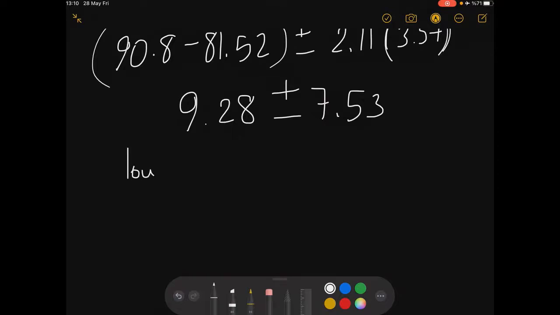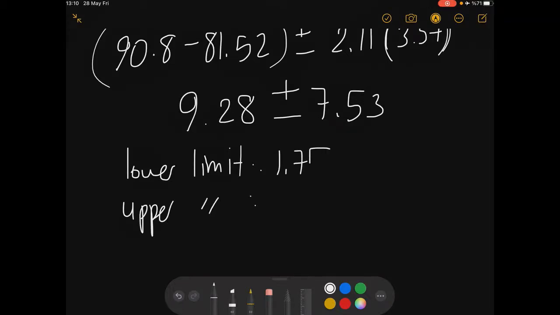Your lower limit and upper limit for weight difference should be 1.75 grams and 16.81 grams. 95% of measurements of difference will fall within this range.